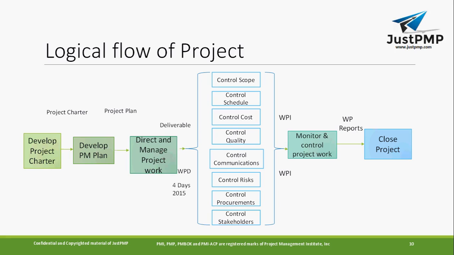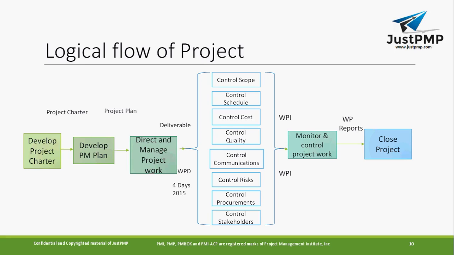It's all about this. So whenever the deliverables and work performance data become input to the control mechanism, it will give you the work performance information. That is WPI. Just remember it. WPI is the output from the control.